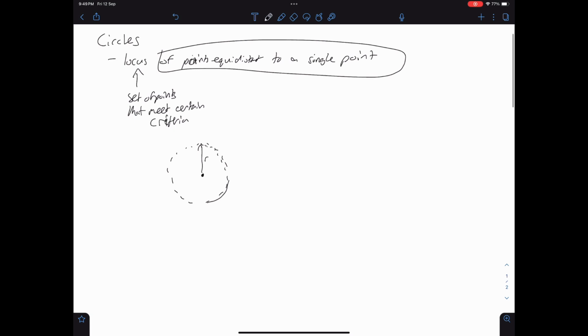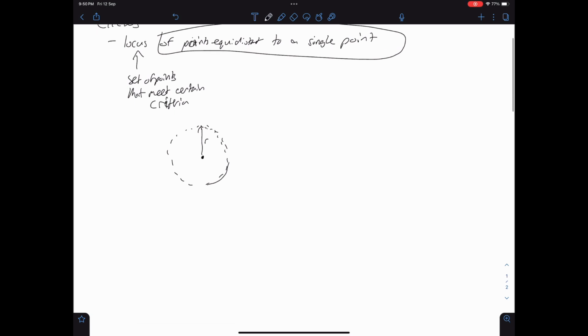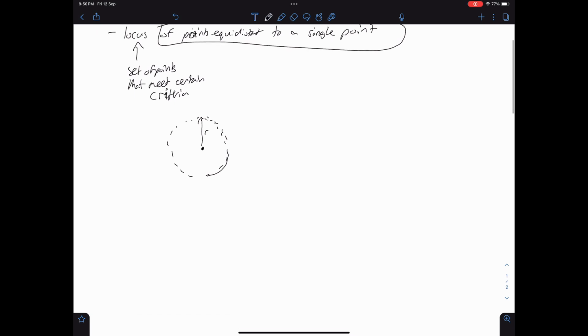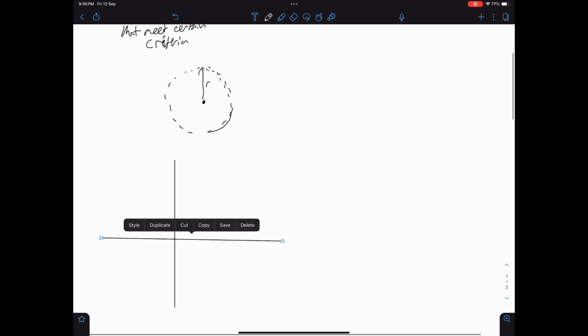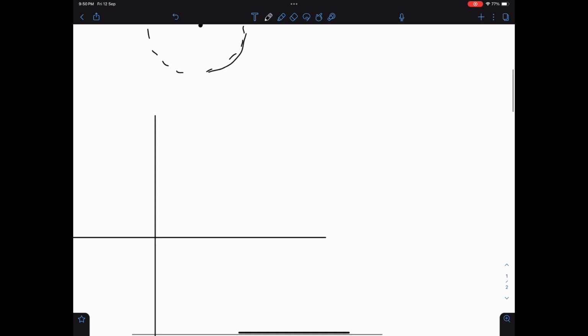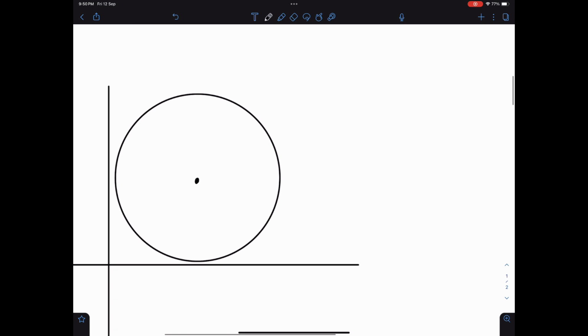And so let's use this definition to see if we can get a bit of a formula on the graph. And let's say we've got this center here, and we're trying to figure out an equation for it, and specifically a way to express any point on this circle.